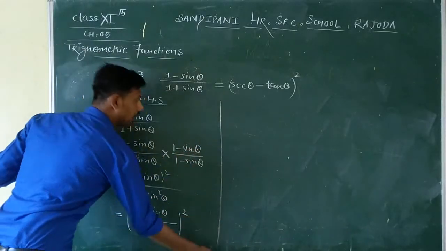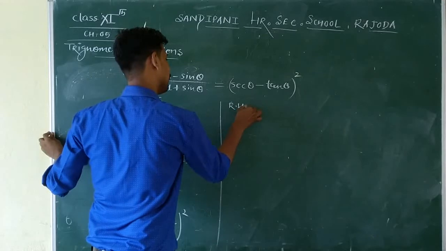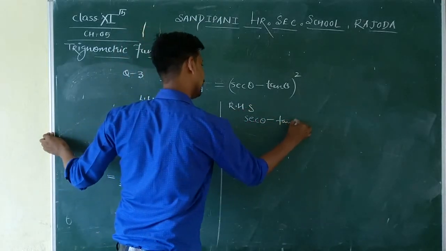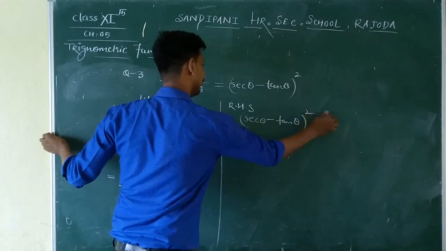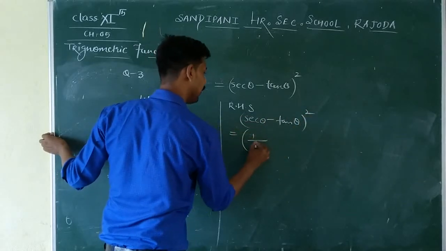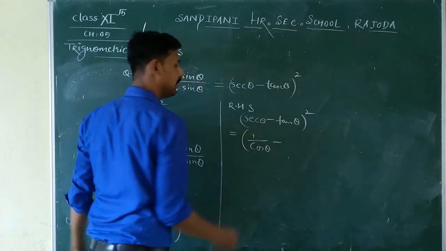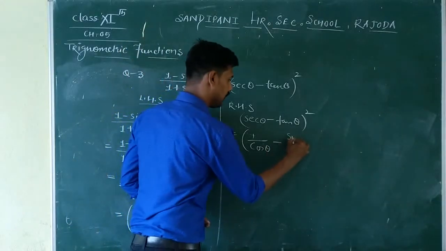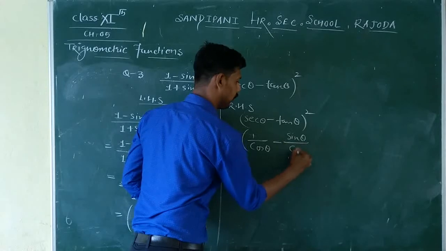Now we take the RHS. What is the meaning of the RHS? That means sec theta minus tan theta whole square. Sec theta means 1 by cos theta, and tan theta will be equal to sin theta by cos theta. Very good, sin theta by cos theta.